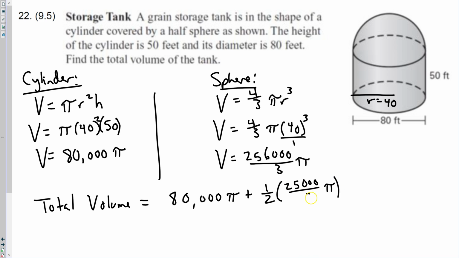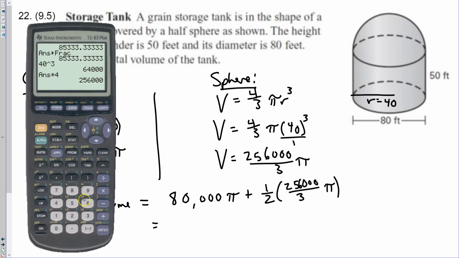And if I'm careful, I could type this all in one go. The alternative is we could figure out what this 1/2 piece is. So this would end up being 256,000 over 6, and then I could see if that reduces at all. It's not, right? We're going to have a fractional piece of it.